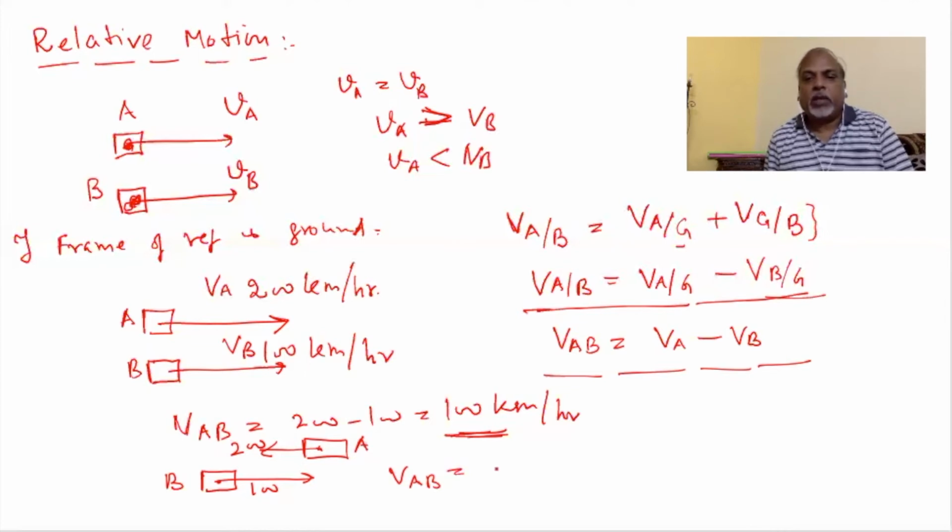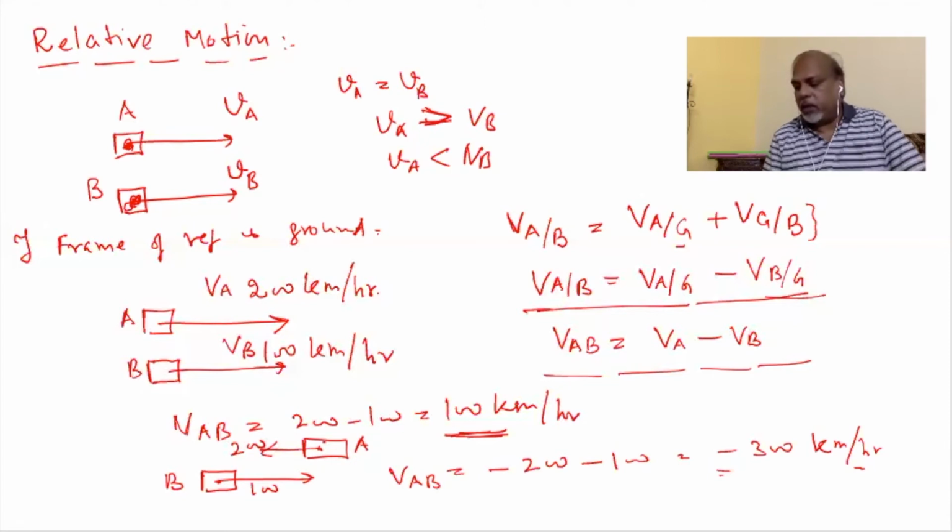Now in this case, VA is basically in the negative direction. It will be 200 minus VB, it is 100. That means minus 300. So a person sitting in car B will find the car A is crossing him in the backward direction, because the minus sign shows the backward direction, with a speed of 300 kilometer per hour.